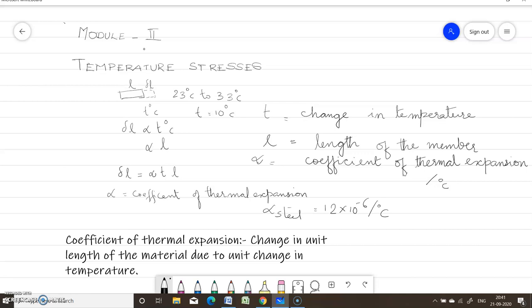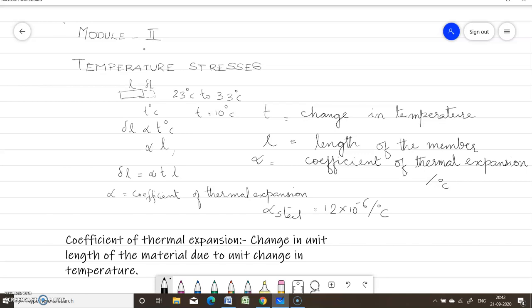So the constant of proportionality is called alpha. That is, the change in length due to change in temperature is directly proportional to the length of the member and also directly proportional to the change in temperature. So you can write delta L equal to alpha into T into L. Alpha is the coefficient of thermal expansion.